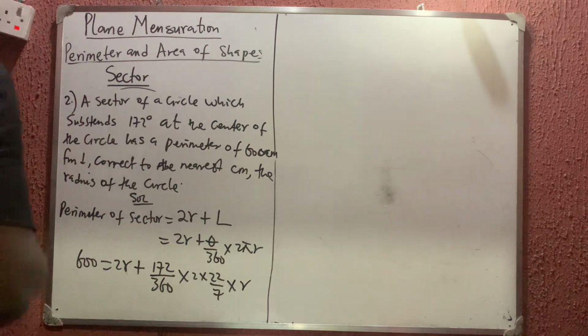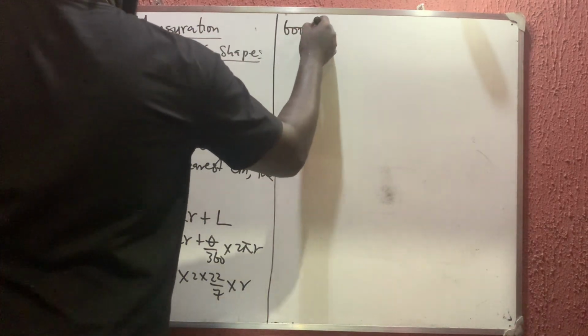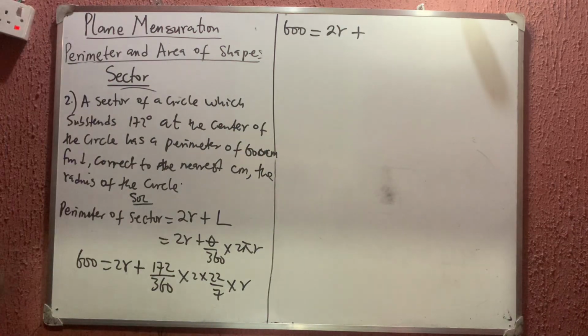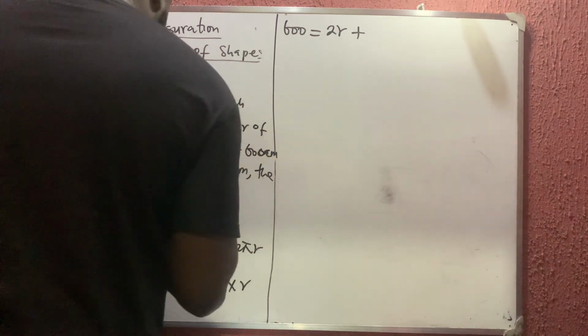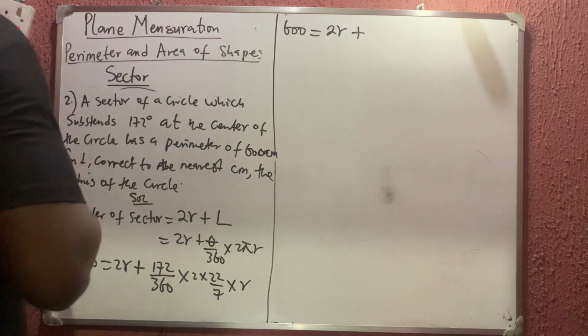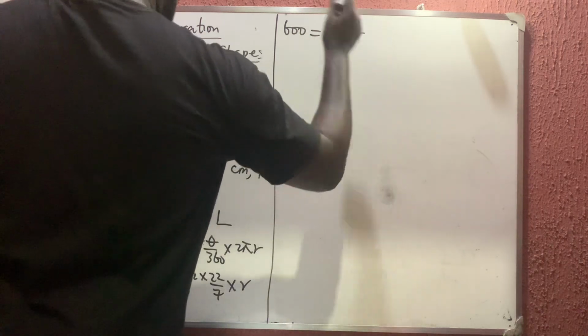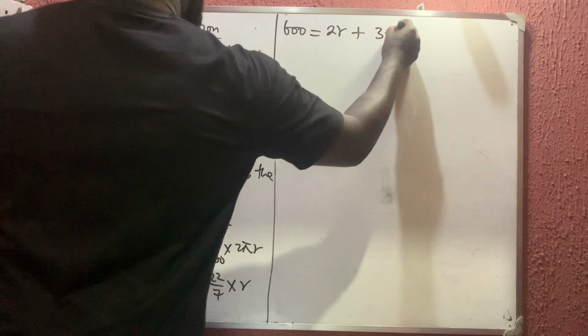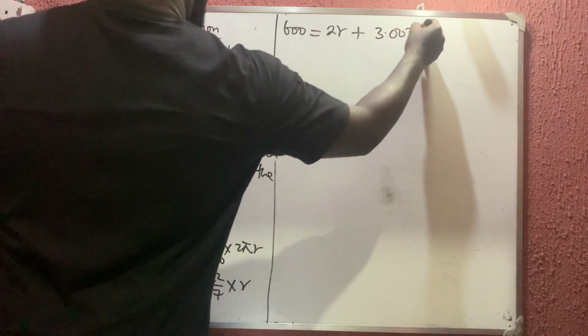So we are going to have 600 equal to 2r plus, let's do everything there, 172 times 44 divided by 2520. I'm having 3.003r.